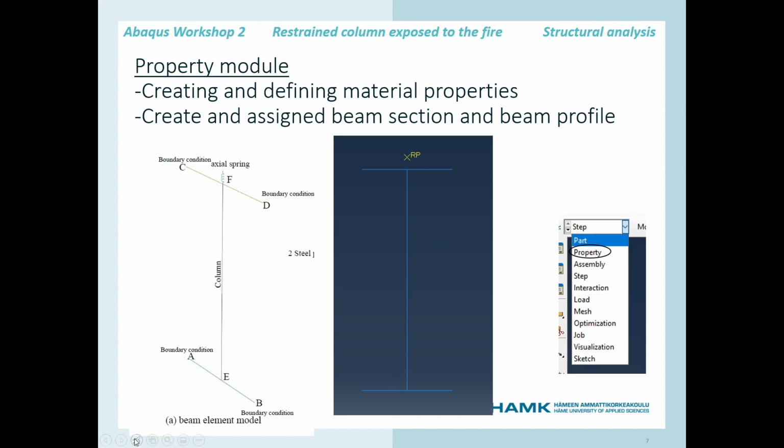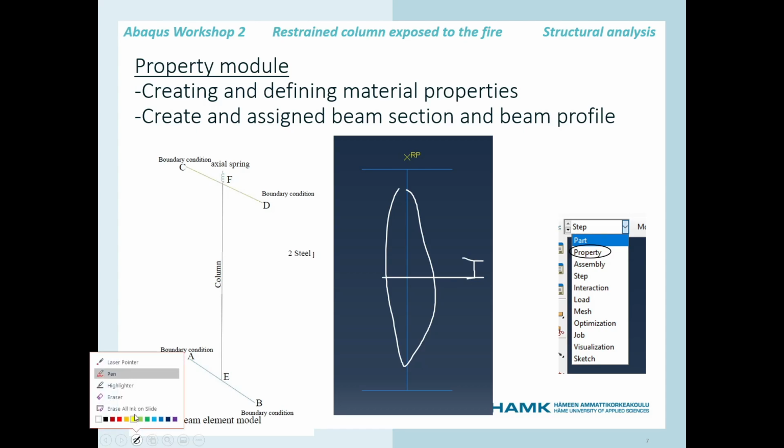So now here this column is made of the I beam. The column is made of the I beam, and the lower plate and the upper plate.